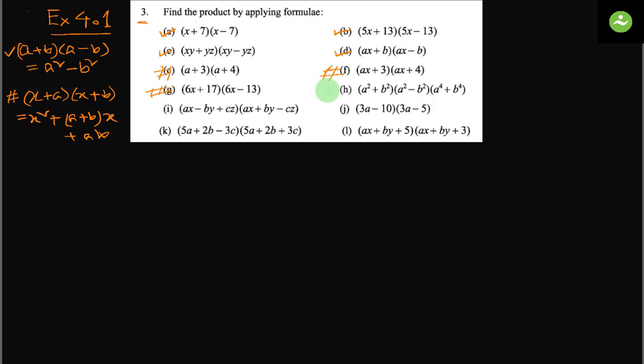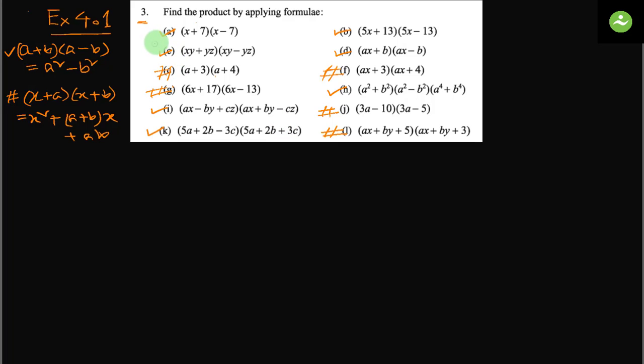This is a square minus b square, this is tick. This is tick. This is hash. This is tick, means A plus B, A minus B. This is 5 and this is 3, the different value, so this should be x plus A, x plus B, means hash.